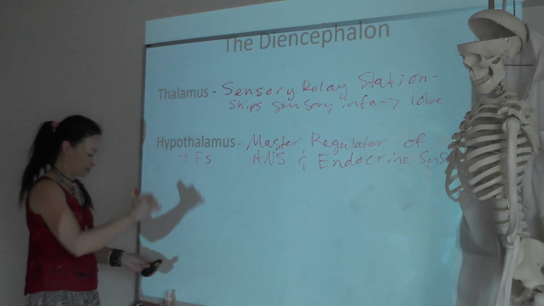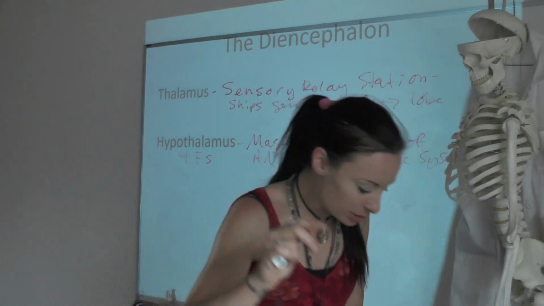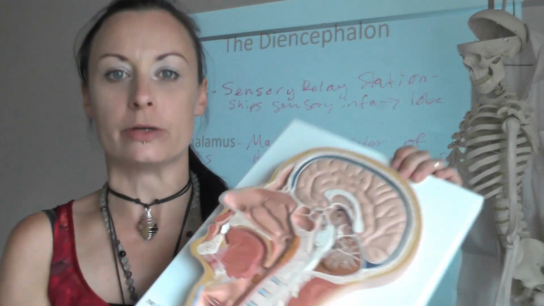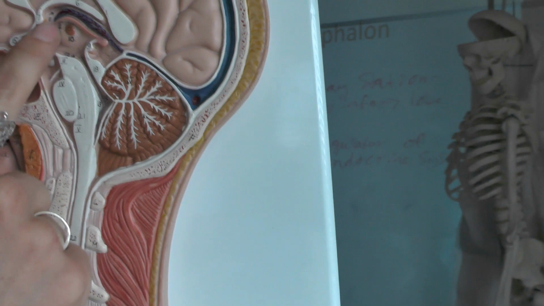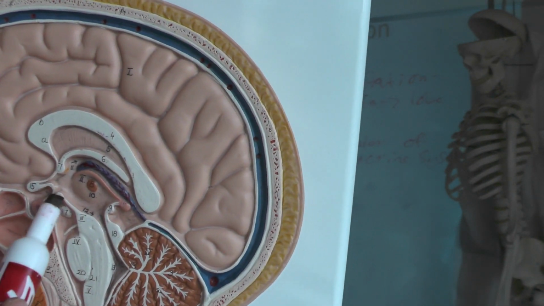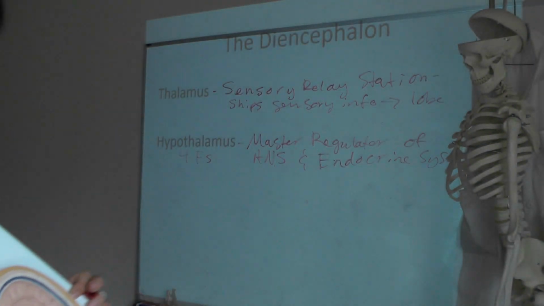Hypo, below, the thalamus. This thing is so important, but it is just the most unsuspecting little bit of tissue that you ever did see. So here's the thalamus from the mid-sagittal view. The hypothalamus is right there. Oh my goodness, what?